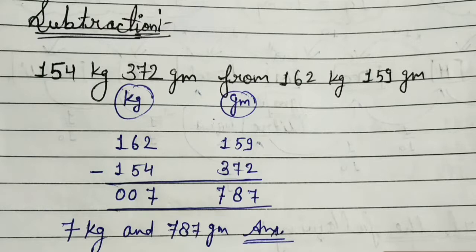When we move ahead, we multiply each number by 10 at each step. And if we move backward, we divide each step by 10, right? So these things I taught you, and I also taught you how to add one unit to another unit.